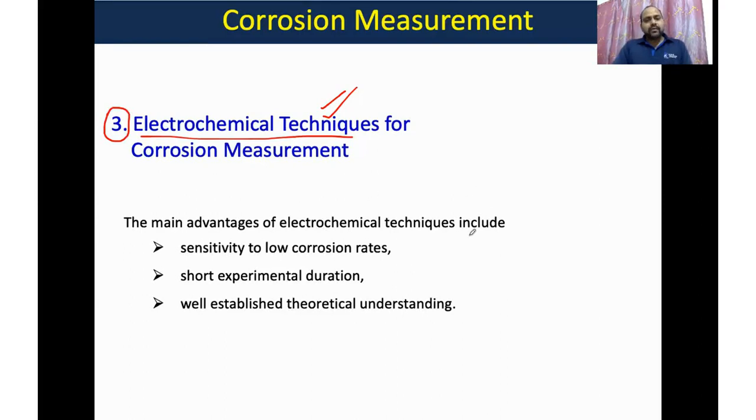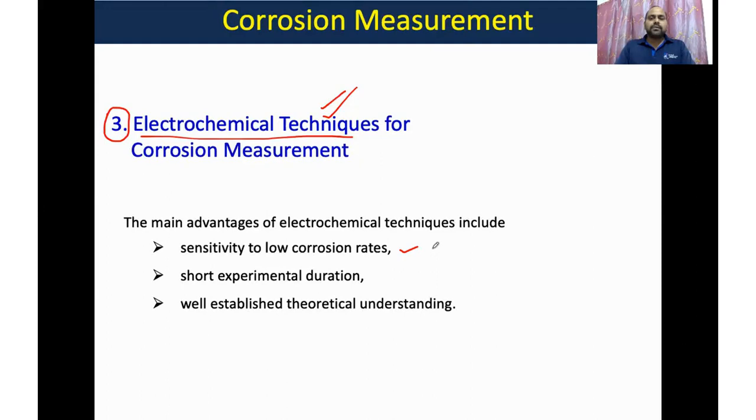So why are we going to use this technique? I have just mentioned 3 points here. The advantage is that the technique is very, very sensitive. So even the things which we missed out in our previous two methods, let's say there's not a very significant change in the weight, or maybe you don't have that much time to wait to get an idea about the corrosion.